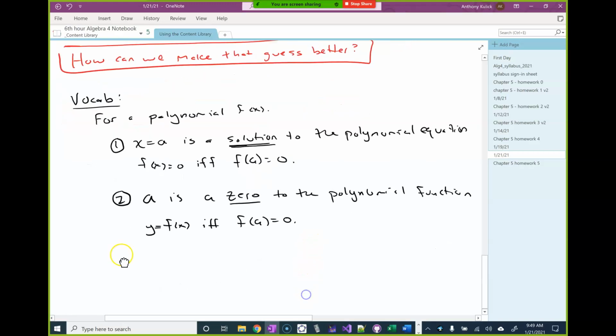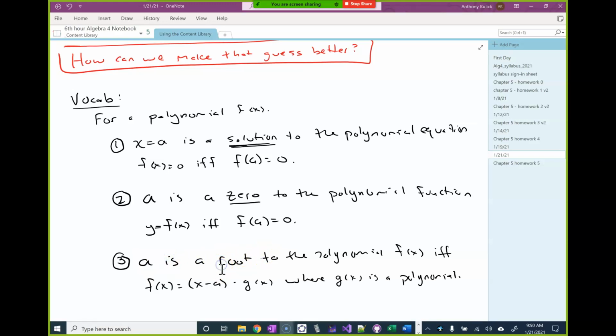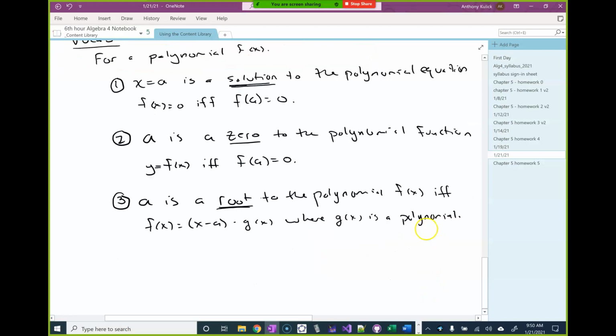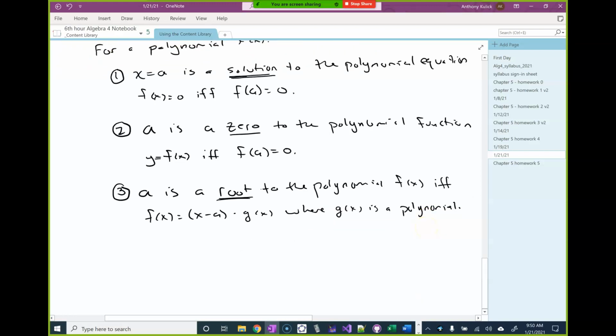We okay with that idea? The last thing we're going to talk about is x-intercepts. So we say that a is an x-intercept if the point a comma 0 is a point on the graph.